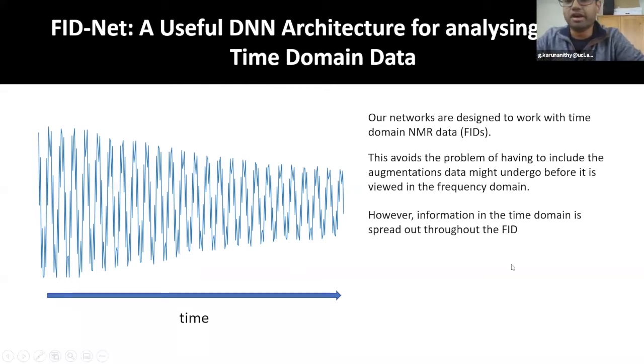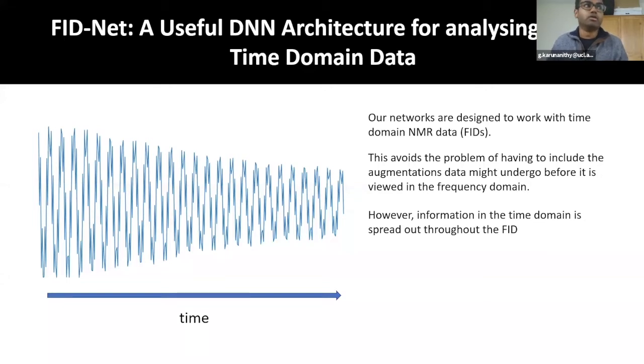You can't just look at a point or a few points and say with much accuracy what a frequency is. Similarly, your relaxation, so your line width, is defined by how the signal decays over the length of the FID that you've measured. So if you want to extract information from an FID, you need a way of recognizing both long and short-term patterns.